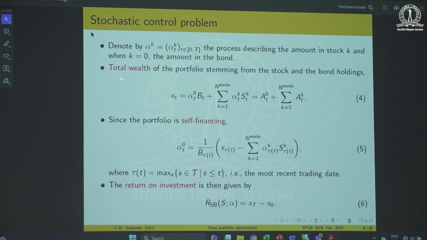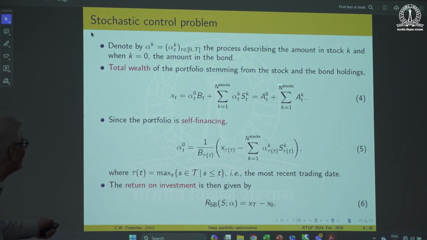Then the total wealth of the portfolio stemming from the stock and the bond holdings, the total wealth at time t, X subscript t, is alpha 0 times the bond at t, plus the sum over k from 1 to the number of stocks of alpha k times S k.